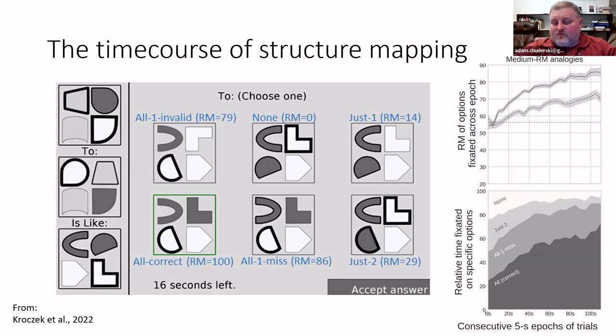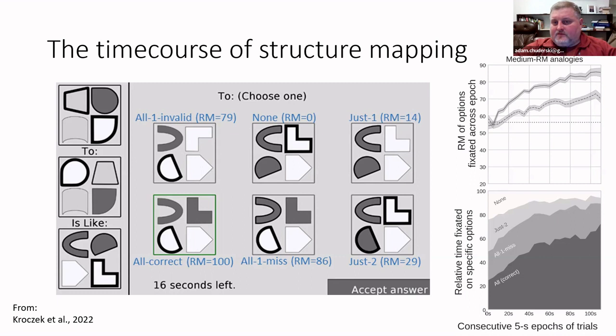The almost correct option was not disengaged so much, but you can see that this process was quite a gradual one. So the upper figure shows some summary of this process. So the solid line shows the average relational match of responses attended to in 5-second epochs.